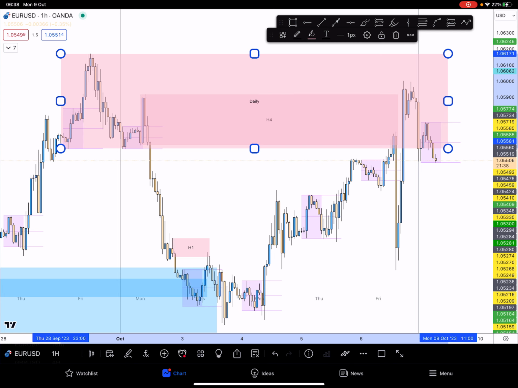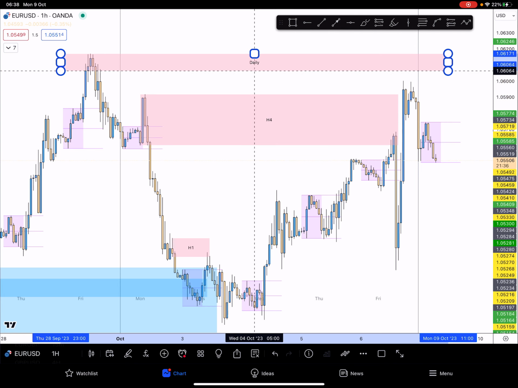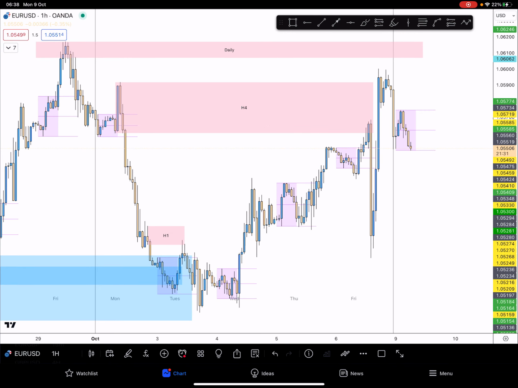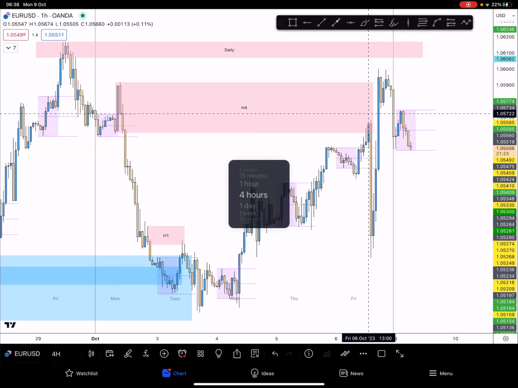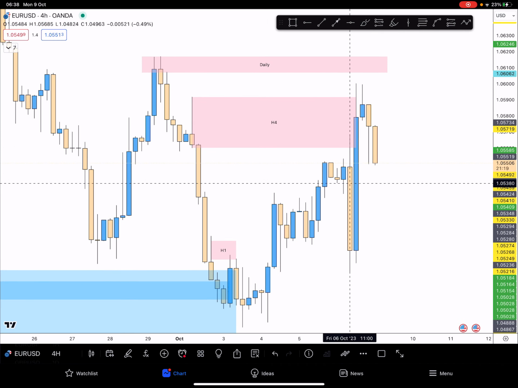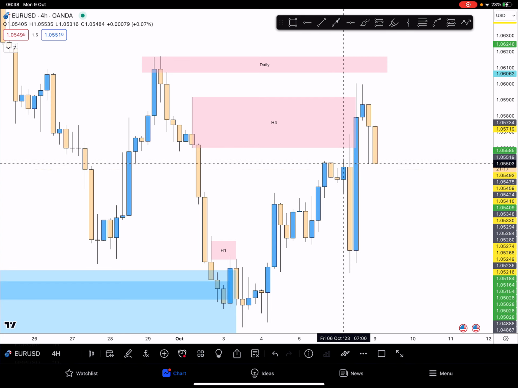If I take this away, you see what I mean? That's the H4 reaction, like this reaction. Yeah, I think I should go to H4 now, then you can see it better. It's what we mean when we talk about we're gonna have a reaction probably from there. So this is H4 reaction.